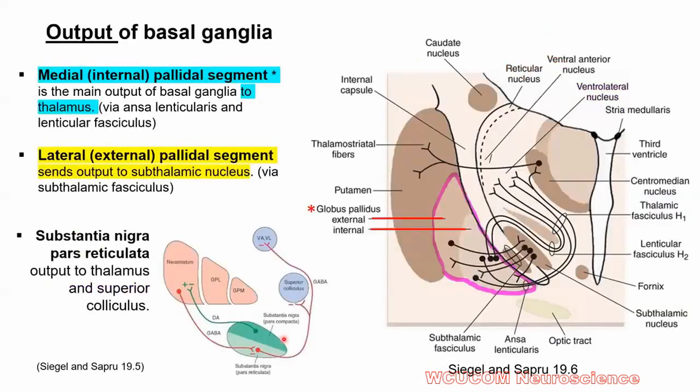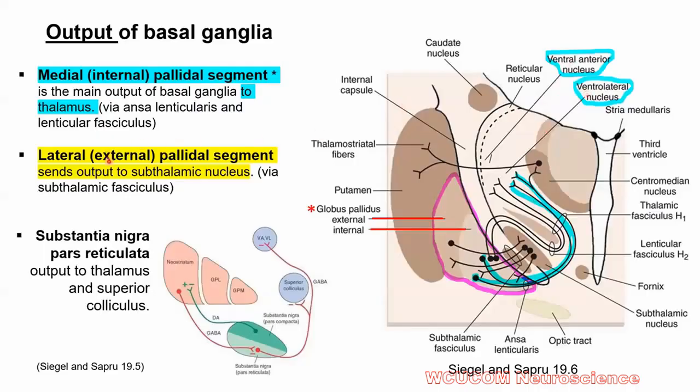How about the output? We have already discussed that the output of basal ganglia is primarily from globus pallidus, as highlighted here. First of all, the main output to thalamus is from the medial or internal segment or division of globus pallidus via ansa lenticularis and the lenticular fasciculus going to thalamus, to the VA and VL nuclei.